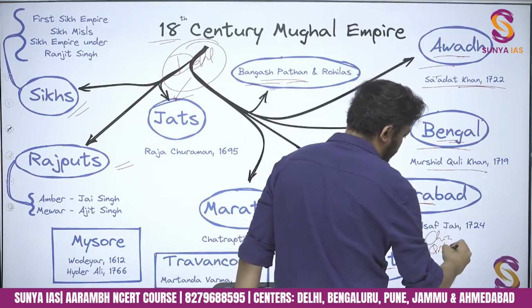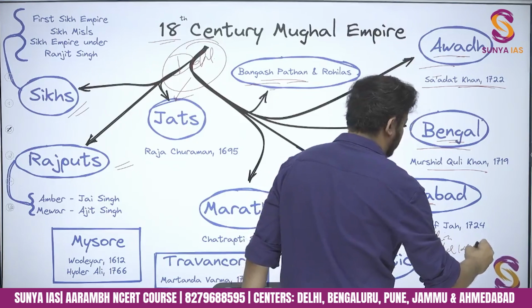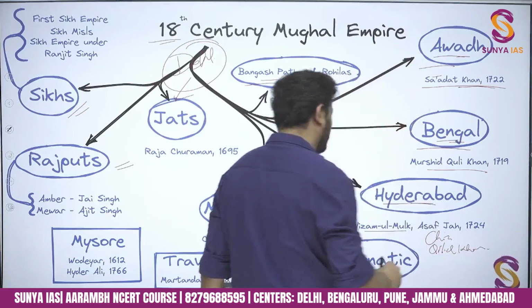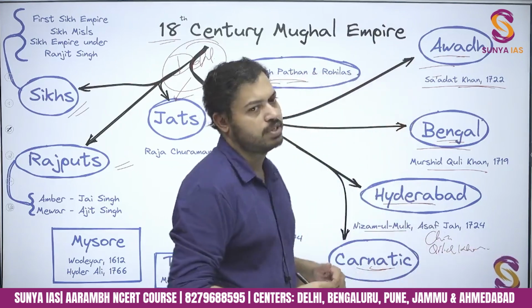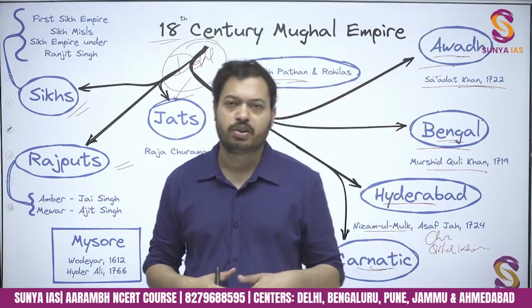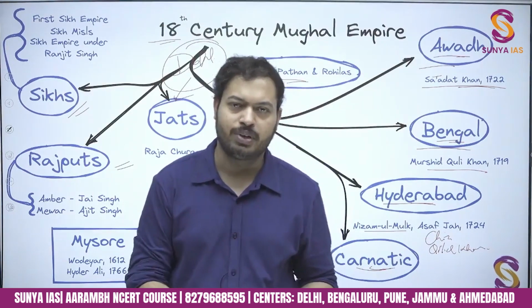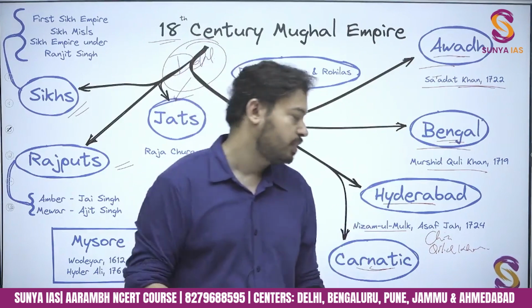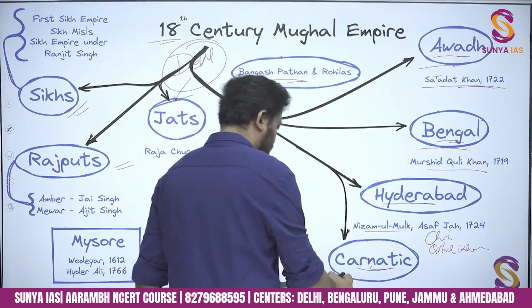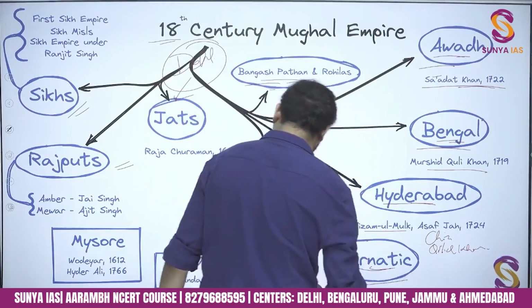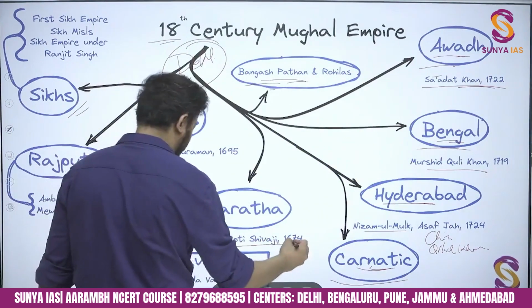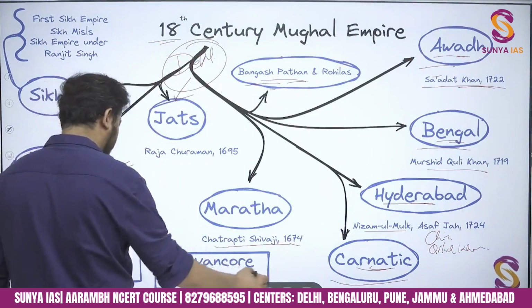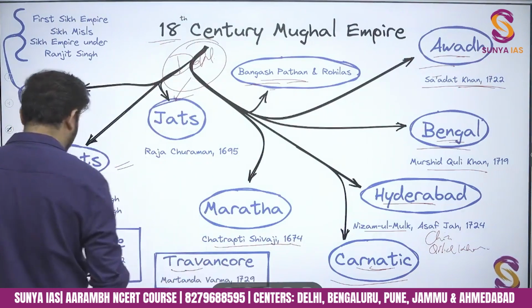His name is such a long thing because sometimes we just write Nizam ul Mulk, sometimes we call him Ashraf Jahan, but his actual name was Chin Qilich Khan only. Nizam ul Mulk was a title, Ashraf Jahan was a dynastic name. Then Karnataka, Sadullah Khan, Marathas under Chhatrapati Shivaji, Travancore, where Martand Varma actually brought the whole place into prominence.